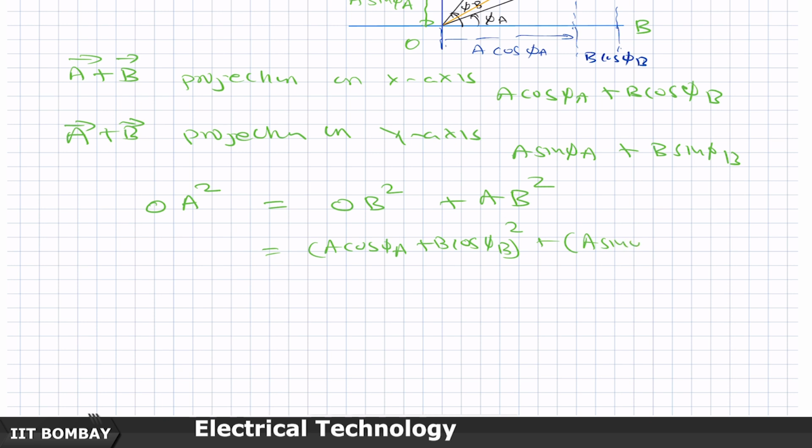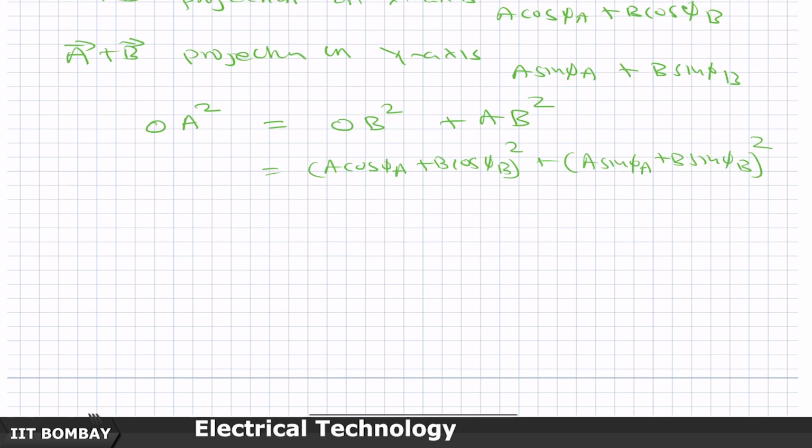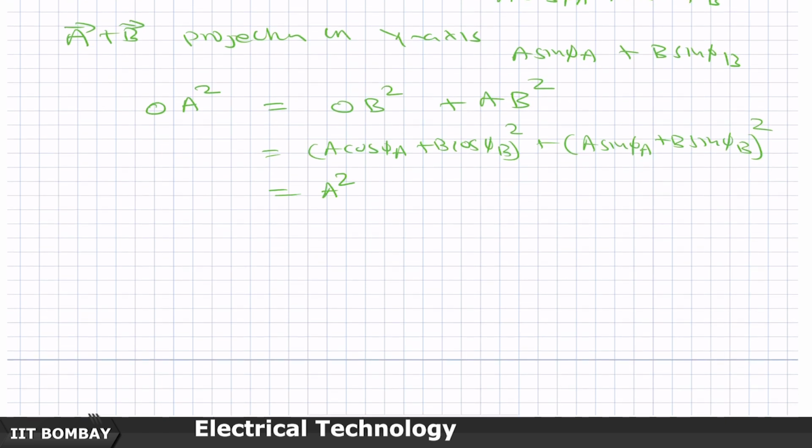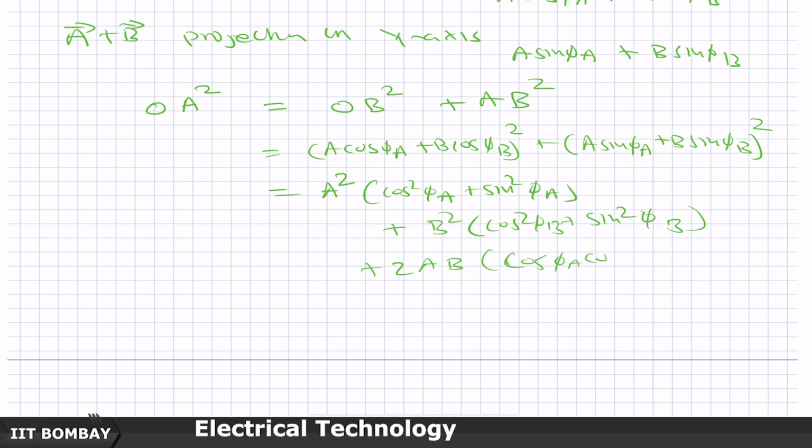plus (A sine phi A plus B sine phi B) whole square. So this is A square (cos square phi A plus sine square phi A) plus B square (cos square phi B plus sine square phi B) plus 2AB (cos phi A cos phi B plus sine phi A sine phi B).